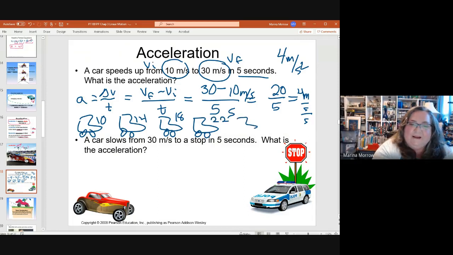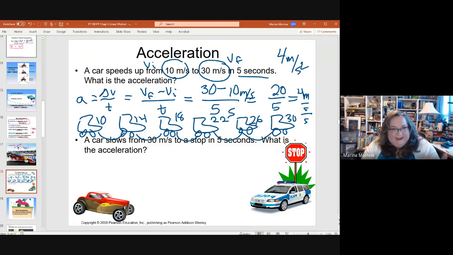Another second after that, 22 plus 4 would be 26. And finally, after 5 seconds, 1, 2, 3, 4, 5 seconds, it's now going to be at 30. Right? So that's the idea, that you are gaining a little bit of speed every second, and that adds up.